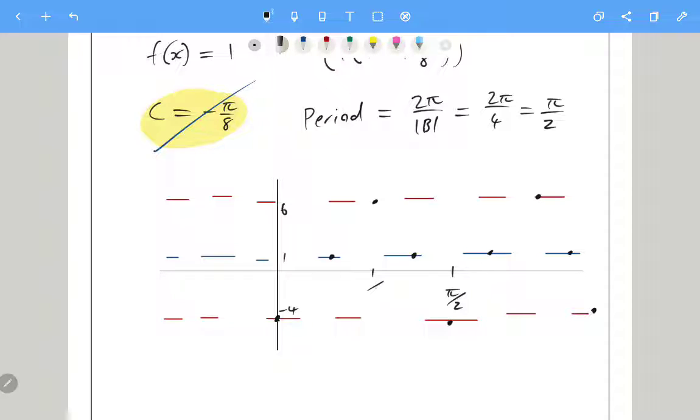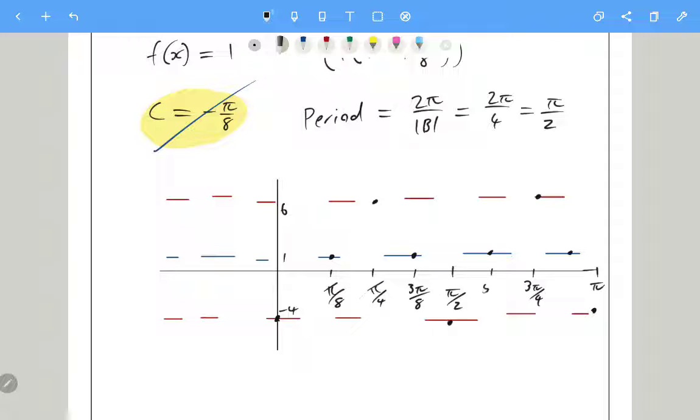Well, that means this is going to be at pi on 4, and this one's going to be pi on 8, which means this one's going to be 3 pi on 8. Each of these little units is pi on 8 away from each other. And we can carry this on. That's pi on 2. Then this final point over there is going to be pi on 2 plus pi on 2, which is just pi. This is going to be 3 pi on 4.